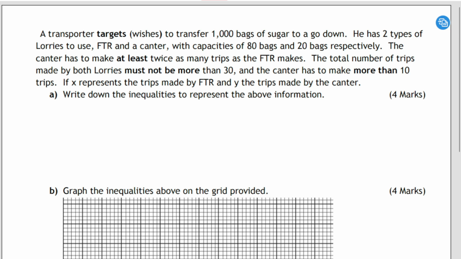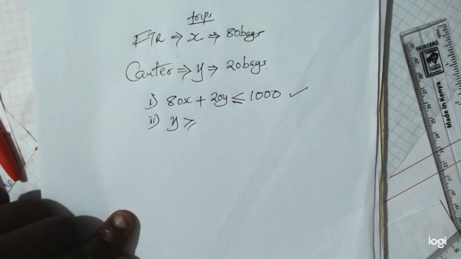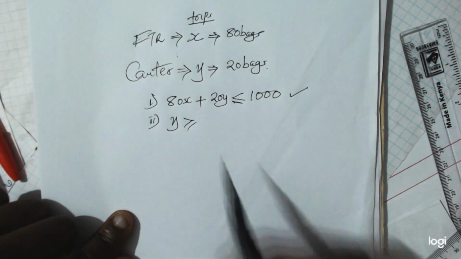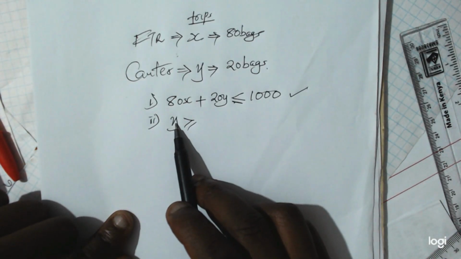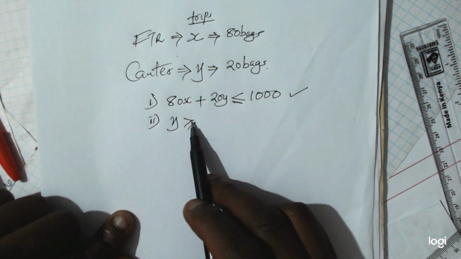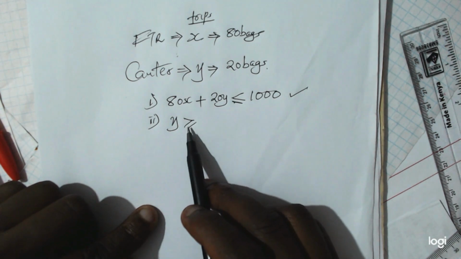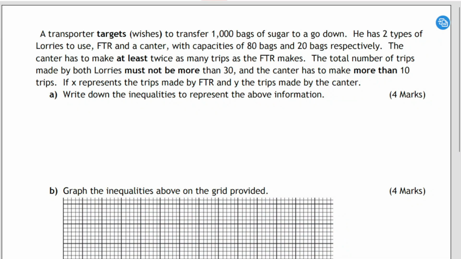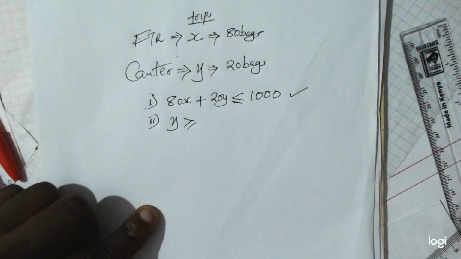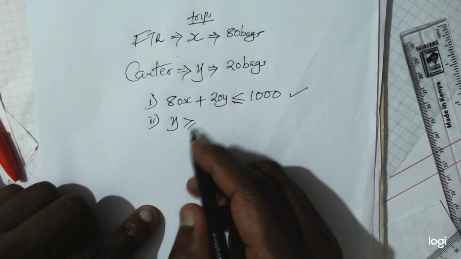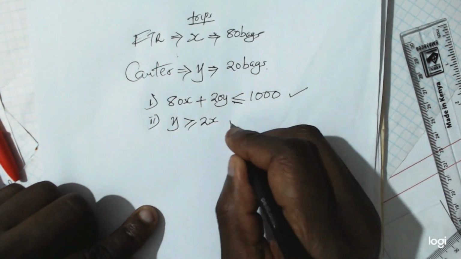At least means greater than or equal to, which is the inequality sign we're supposed to insert there. The number of trips made by the canter, Y, should be greater than or equal to twice as many trips as the FTR. The FTR makes X trips, so Y should be greater than or equal to 2X. That is the second inequality.